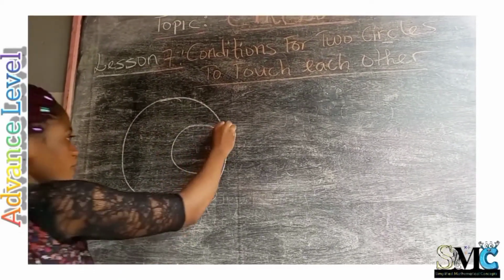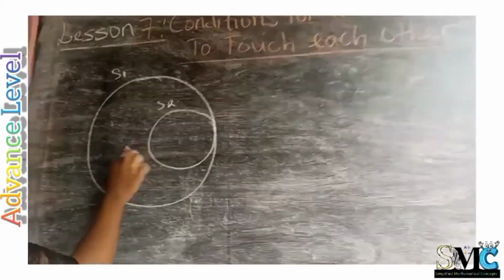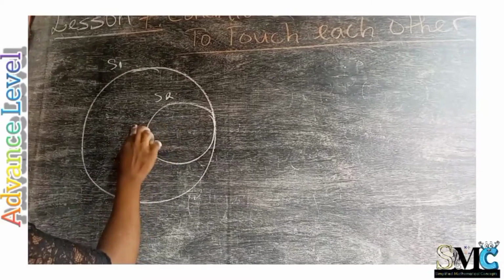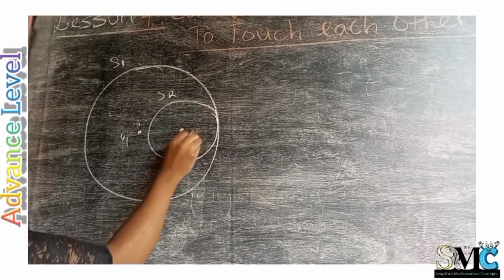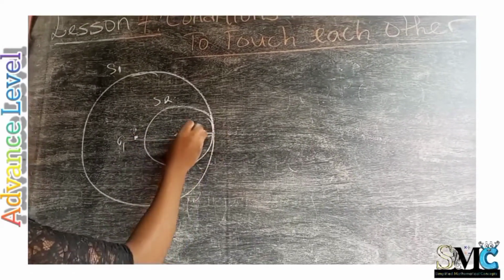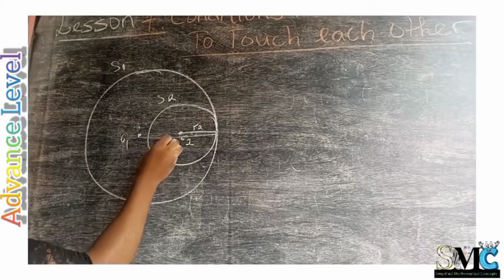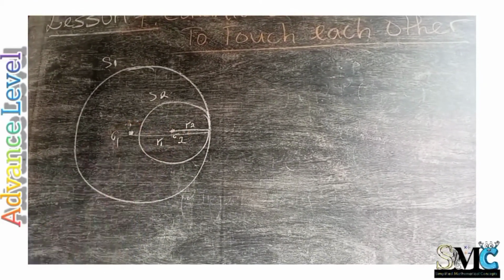this is what we mean by two circles touching each other internally. So if these are the two circles, and this is the center C1 for the first circle, and the center C2 for the second circle, with their radius, this is R2 and R1 for the bigger circle.